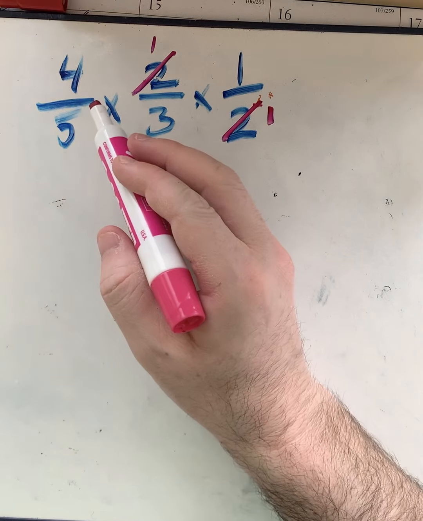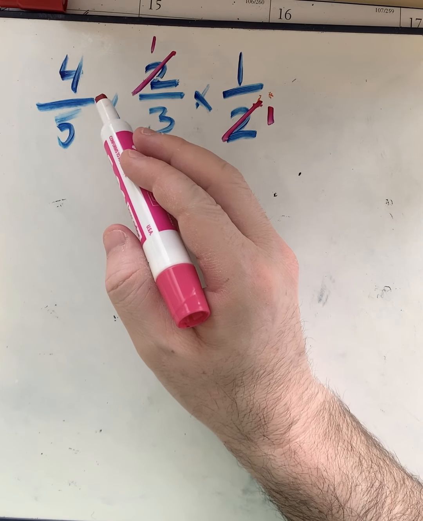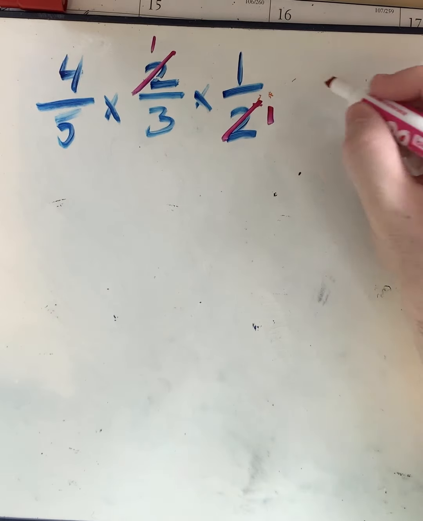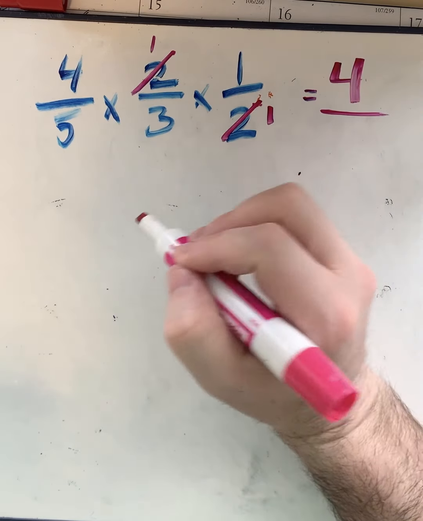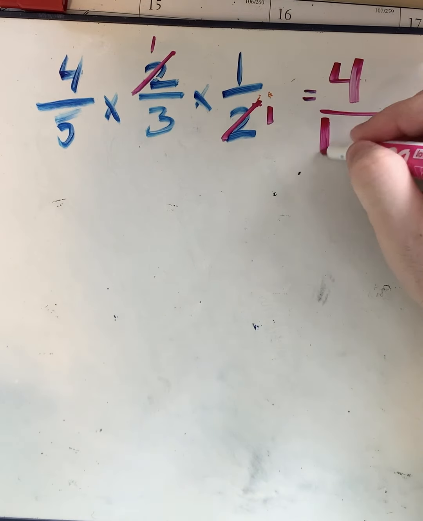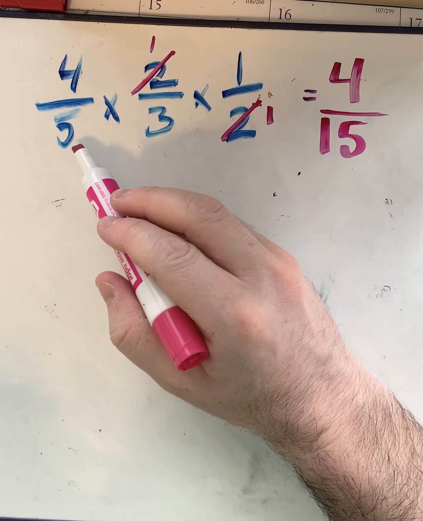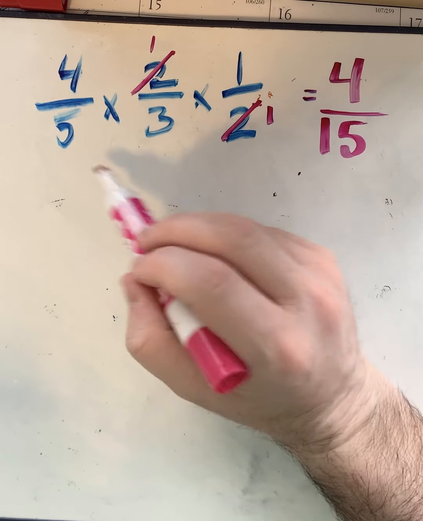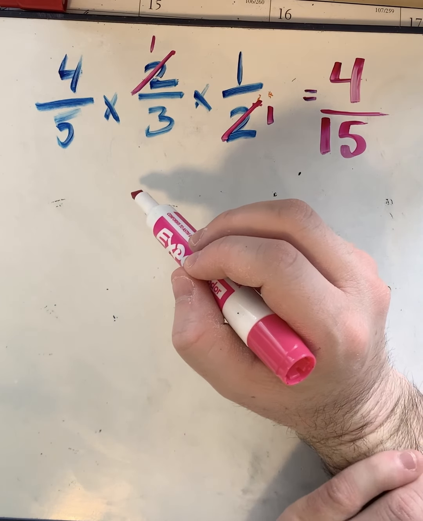Now I'm going across the board: 4 times 1 is 4. 5 times 3 is 15. 15 times 1 is 15. So I'm left with this. I cannot reduce it anymore. So again, the same kind of process works when you're dealing with multiple fractions in a multiplication question.